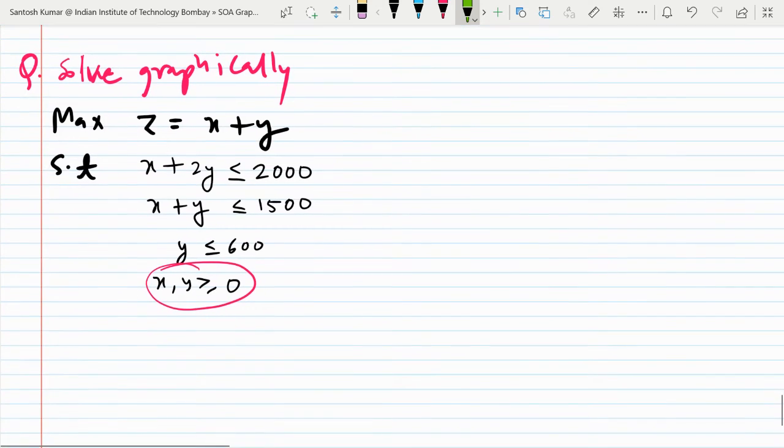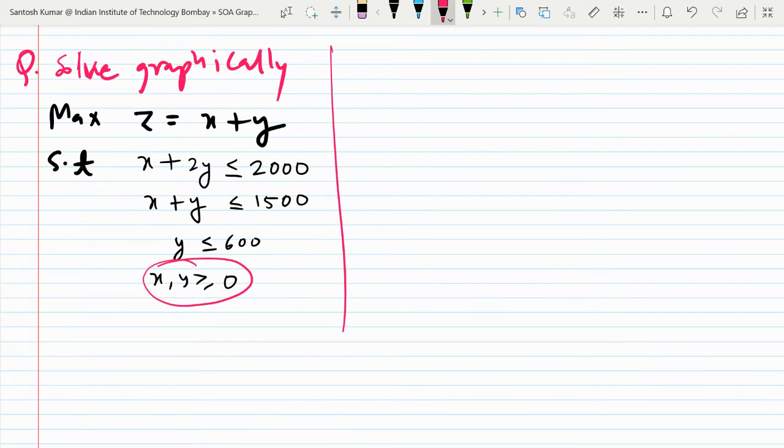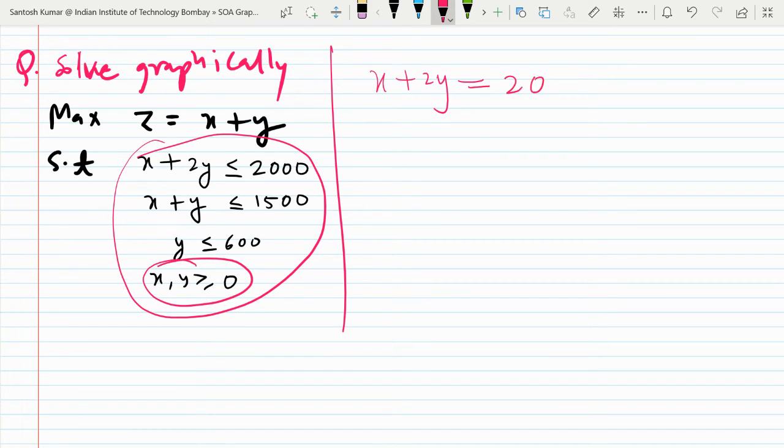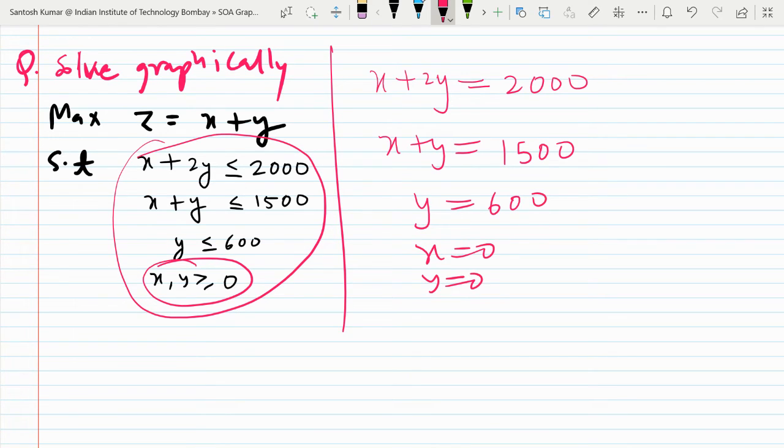As I said, first of all we'll draw the lines. Here you see the inequality, so you first convert it into equality. So x plus 2y is 2000, x plus y is 1500, y is equal to 600, x is 0, y is 0. The last two are not necessary, because this is just the y-axis and this is just the x-axis. The equation of the y-axis is x is equal to 0.